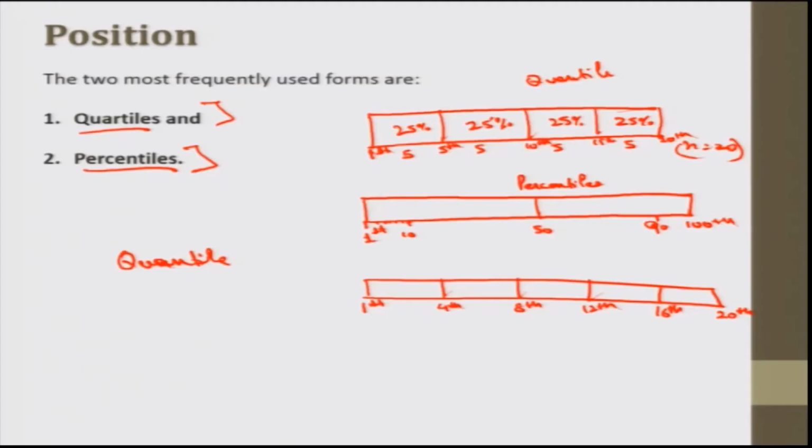I can divide it into any point. This tells us the position of the data. So, this would be used when we plot the box and whisker plots, or when we need to know the skewness. The coefficient of skewness, or the extent of skewness, can be calculated using the percentiles, quartiles and median.